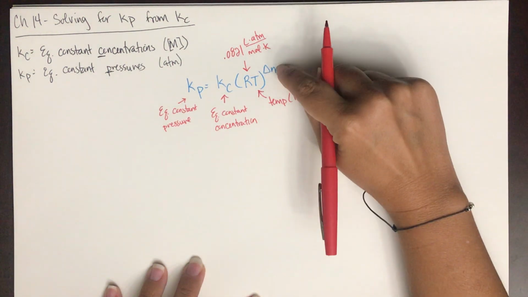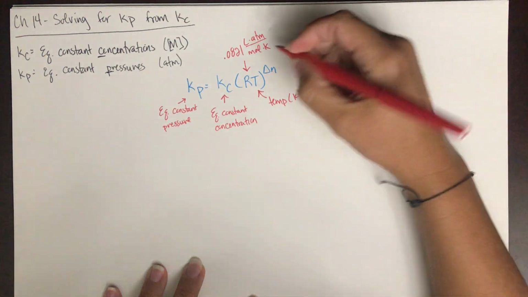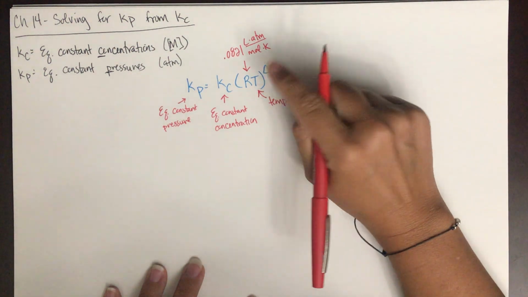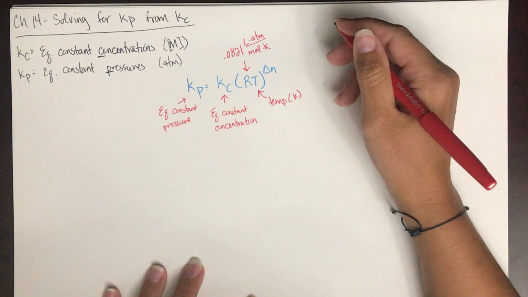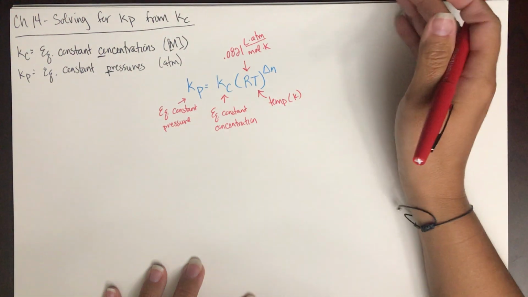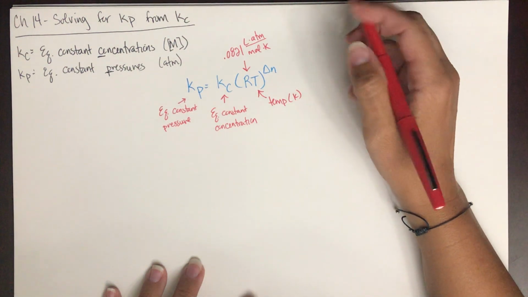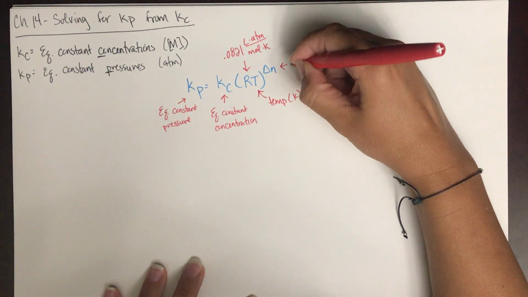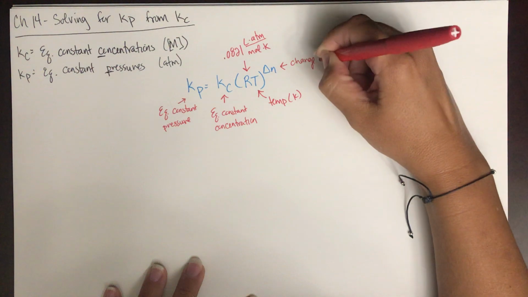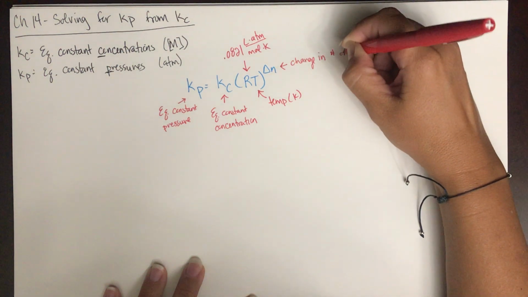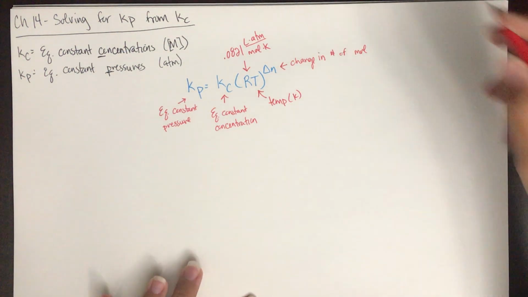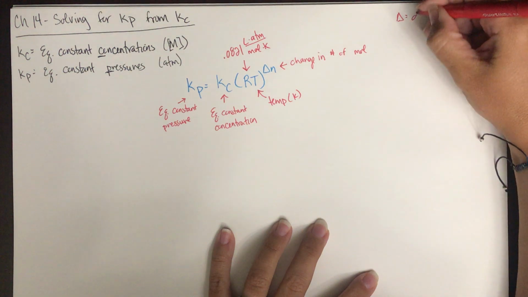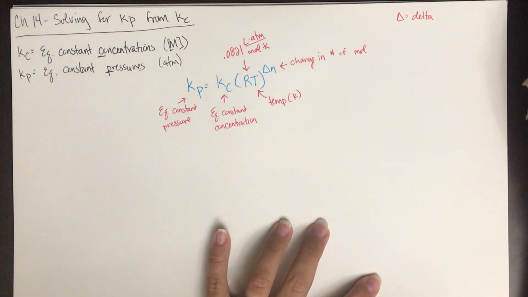And then delta n, this triangle is the Greek letter delta. It means change in, so it's final minus initial. And n is the number of moles. So I'm going to write change in the number of moles. So if you've never seen that before, triangle is delta, the Greek letter delta.